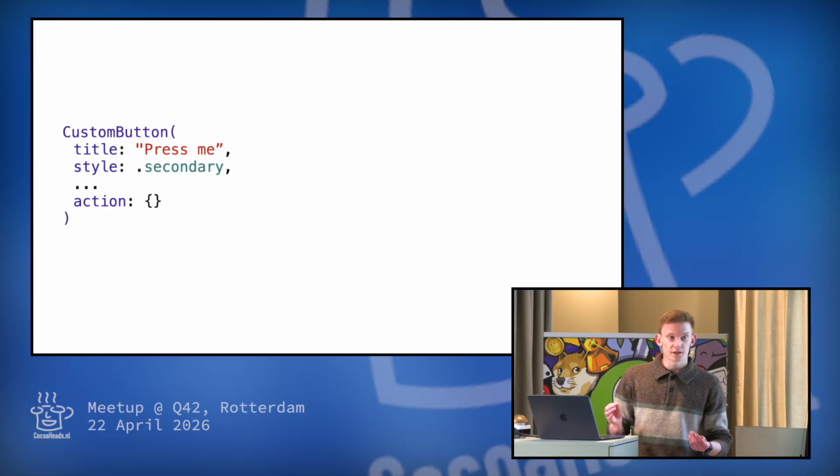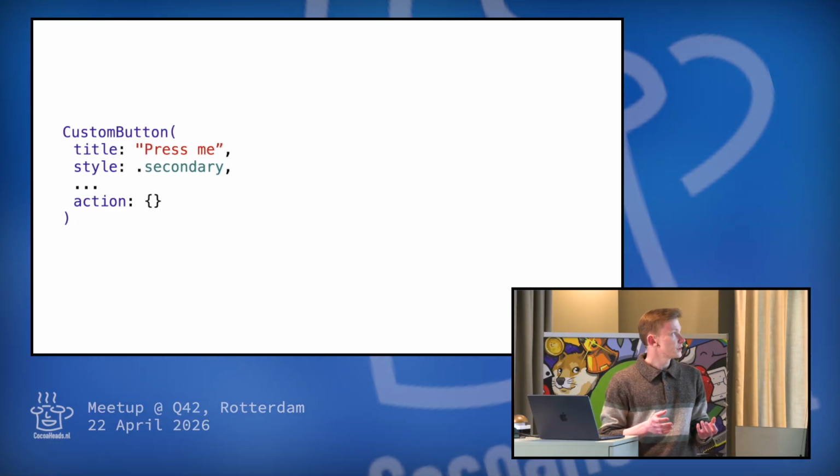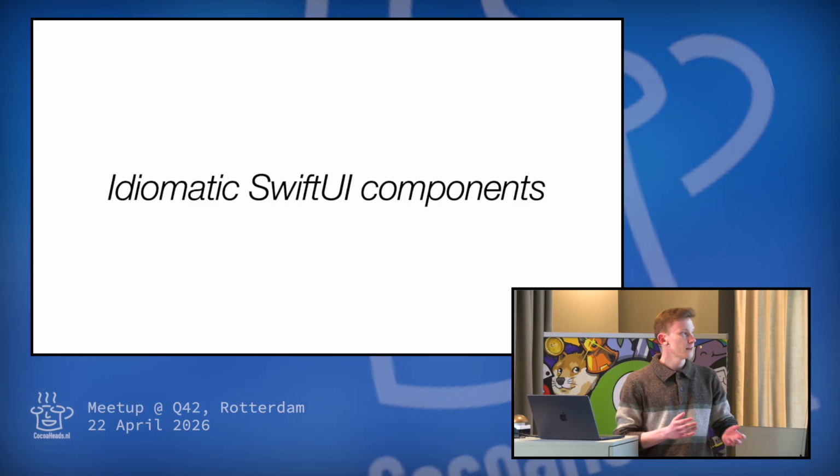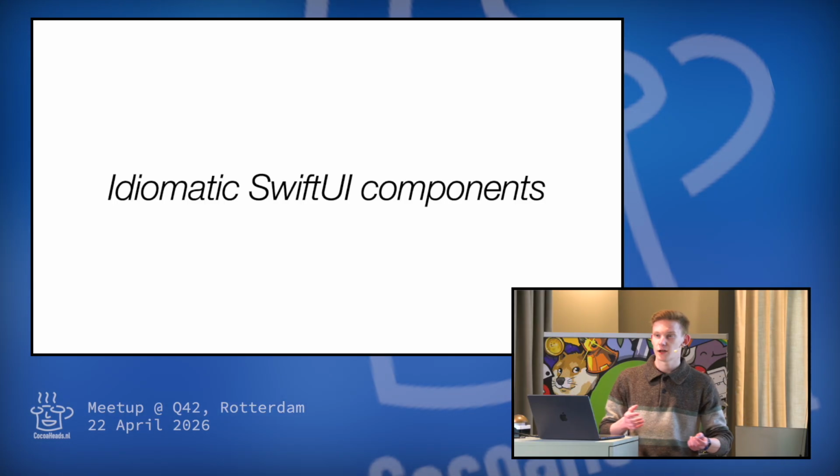But one of the things that are often forgotten is how to do this the SwiftUI way, how we can make idiomatic SwiftUI components. And by that I mean, how can we make components that are natural to all developers that have just seen a little bit of SwiftUI, that they all can read it and understand it, that you don't have to explain to them how the API works.